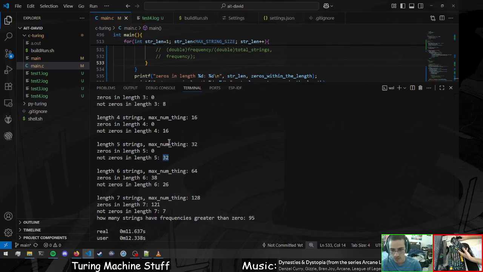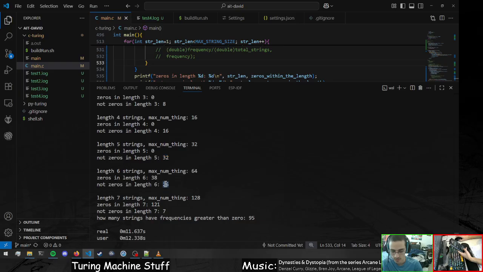So there's supposed to be 52 in length 6. 52. So in length 6, okay, it's by half again. We're missing half of them. We're missing 26 of them here, and we're missing 7 of them here.